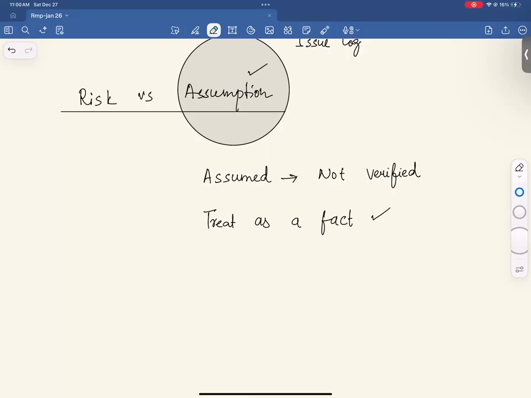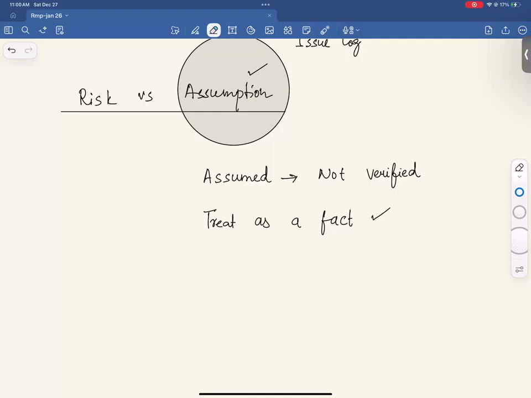So all the risks can be based on the assumptions, but all the assumptions cannot be converted into risk? Okay. Assumptions may lead to risks. Assumptions are not risks. Assumptions may lead to further risks, right?